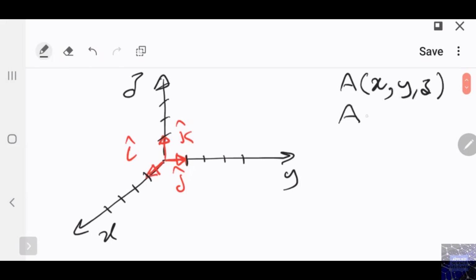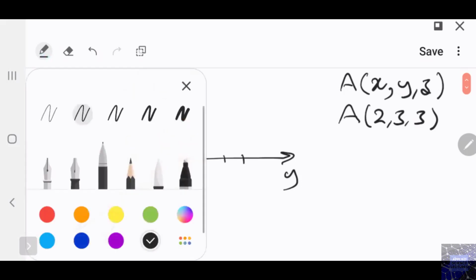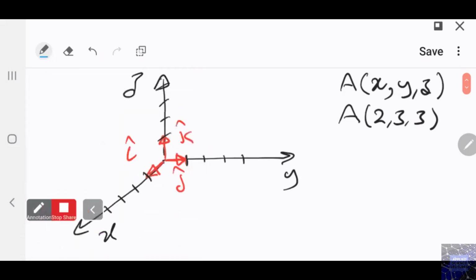If I assume that this A has (2, 3, 3), this means that x would be 2, y is 3, and z is 3.